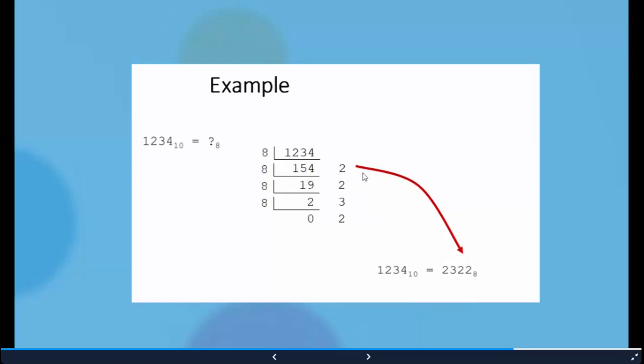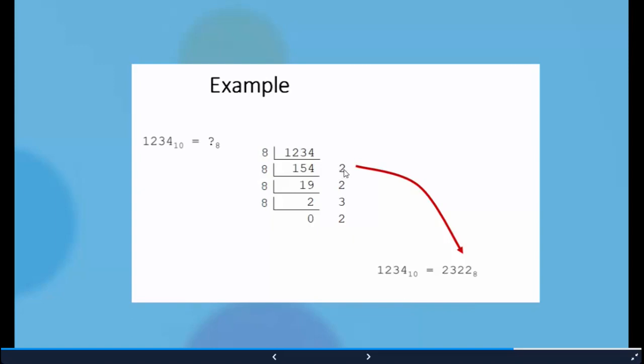So same process, the least significant bit is the first one, so 2 goes here, 2 goes here, 3 goes here, and then the 2 goes here. Remember again, this is decimal to octal. Earlier we had decimal to binary, we divide it by 2. Now since it's octal, we divide it by 8.